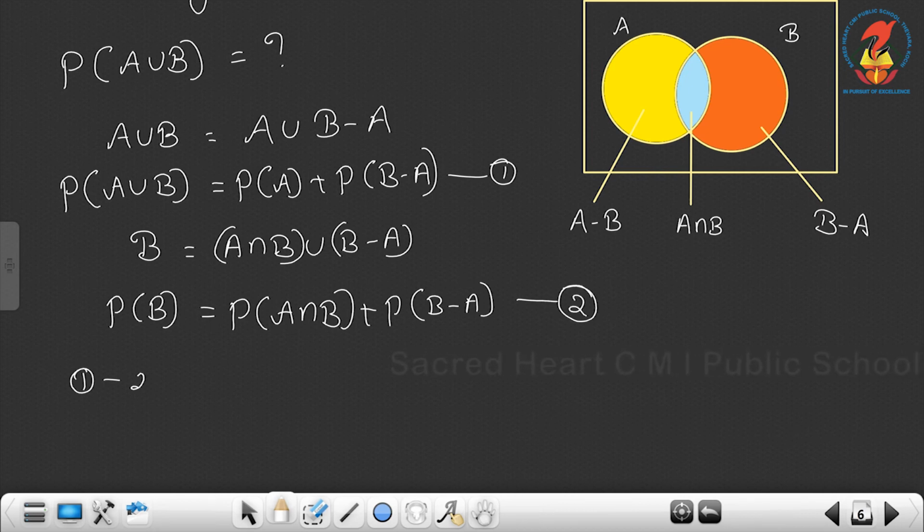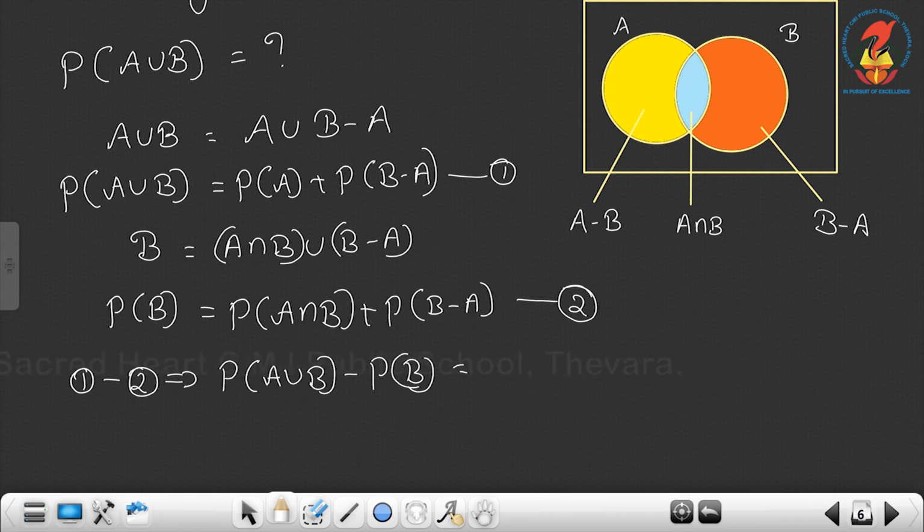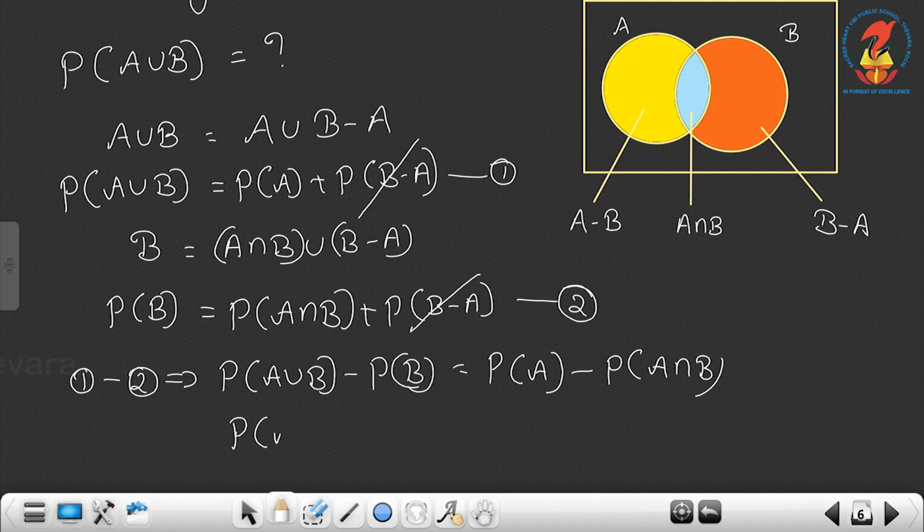Then 1 minus 2. So P of A union B minus P of B is equal to, on the right hand side, P of A minus P of A intersection B. This term cancels. Okay. So what is P of A union B?